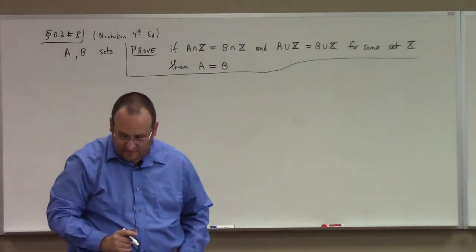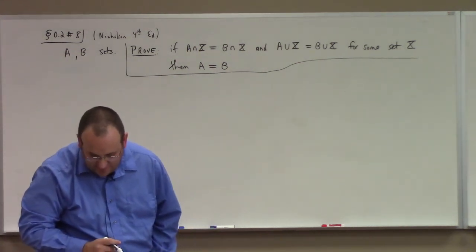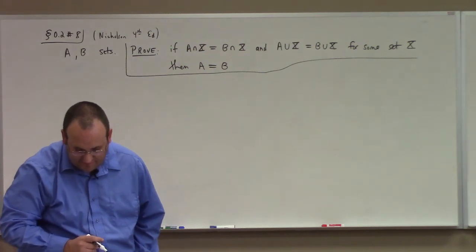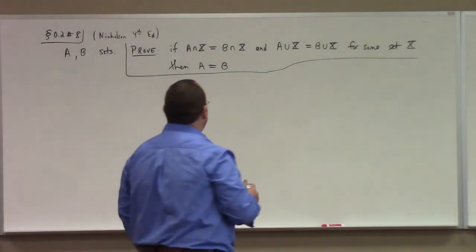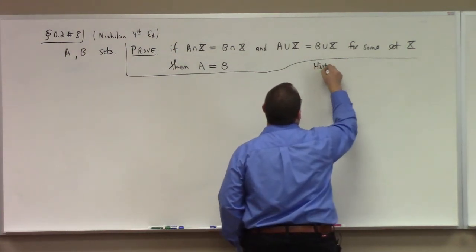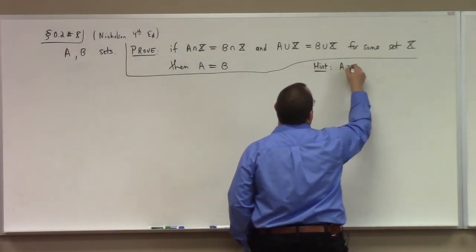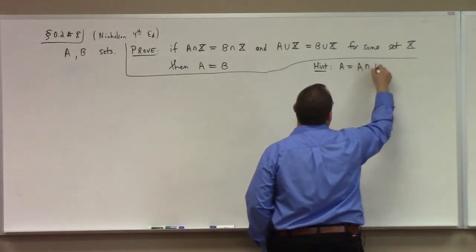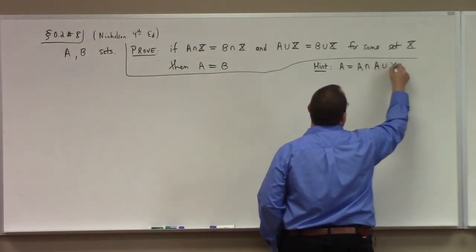He's given us a hint that A is equal to A intersect A union X. Which is, I guess, okay, sure, why not? A is equal to A intersect A union X. Is that right?